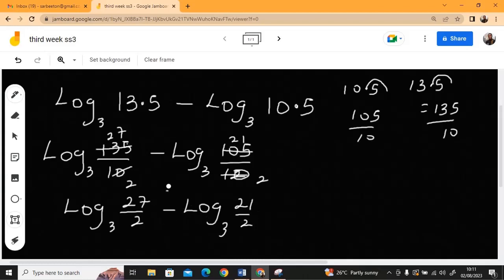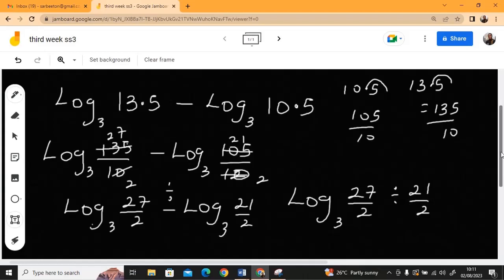This is going to be division, right? They have the same base, log 3, log 3, so you can pick up the log 3, and that will be 27 over 2 divided by 21 over 2. Are you following what I'm doing? I hope you are following. Please follow, just calm down.